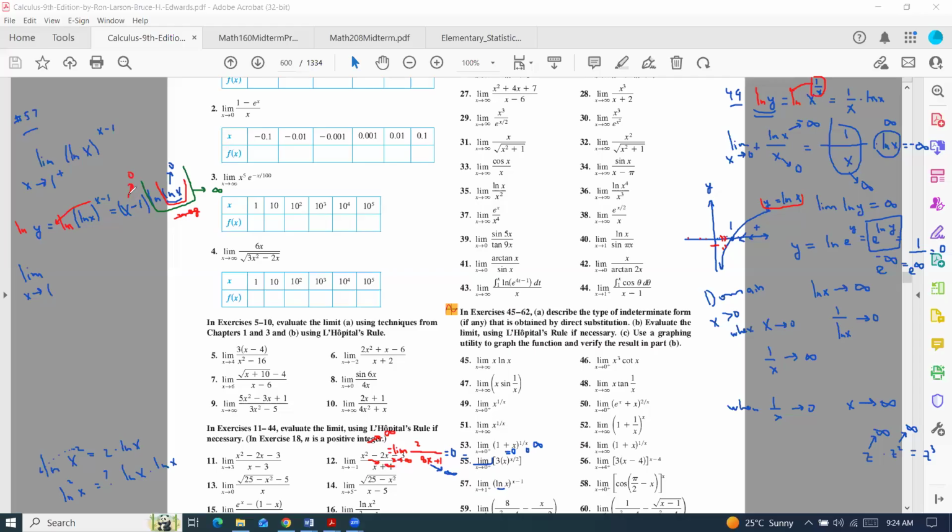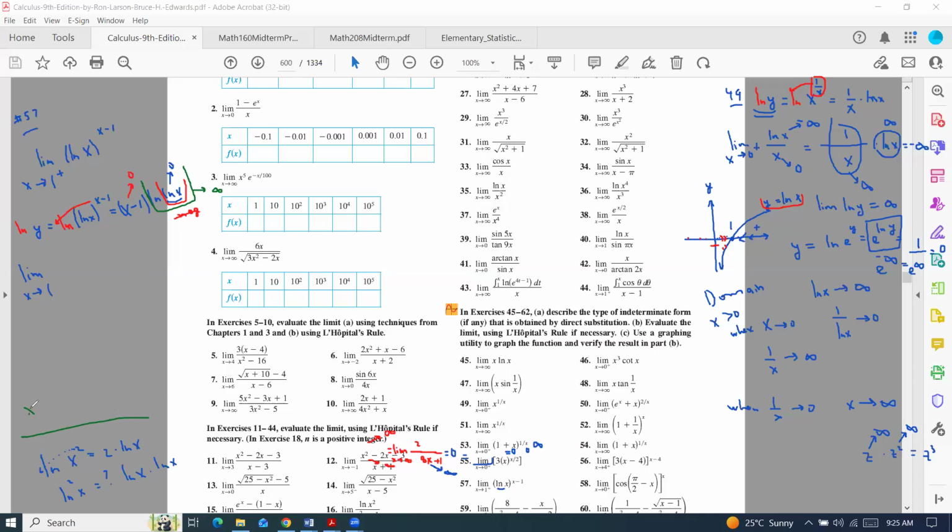Well, I need to write it as 0 over 0, if possible, or infinity over infinity. And if you're going to think about 1 over something, so if that goes to 0, then I need to somehow pull this to infinity. So let me get some room for that. So rewrite my expression.